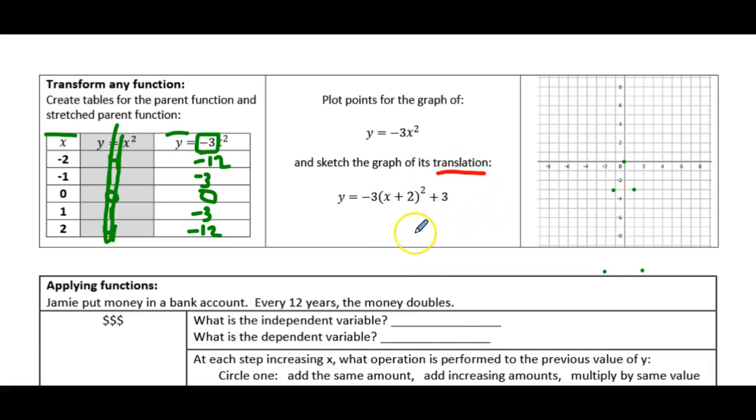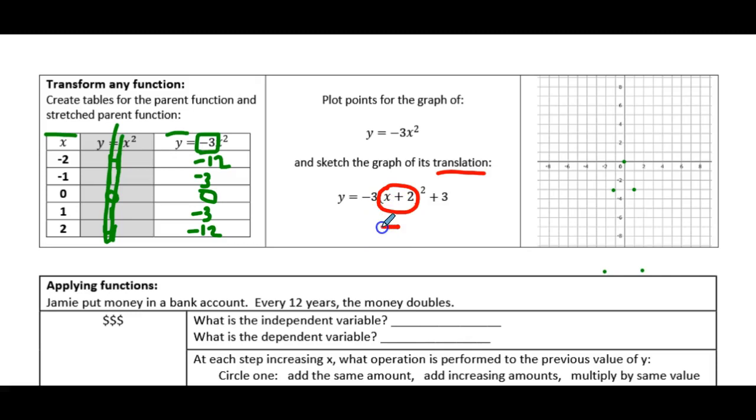That means it's going to slide one way or the other. When we have this +2 where it used to just be x, what that's going to do is transform x as if we added 2 to it to get what we have now, which means it's actually going to do the opposite thing. So we're going to subtract 2 from every x value. We are going to go to the left.